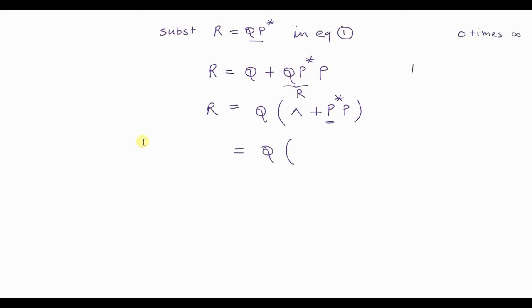So when I say P star, it simply means P raised to 0, P raised to 1, and so on till P raised to infinity. So when you have one more extra P, that one extra P also can be included in P star.